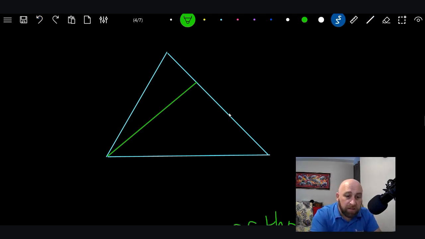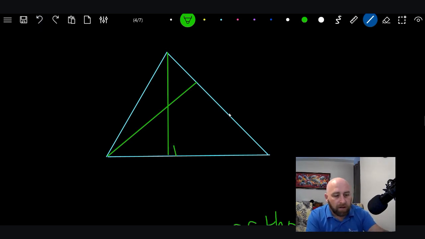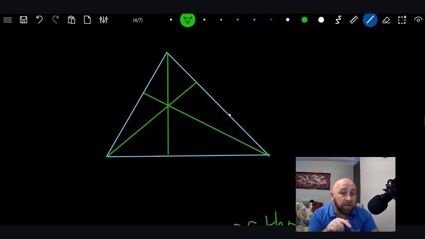Now, I would do this with every single side of the triangle. There's another one, there's my right angle right there. So I've made my right angle perpendicular, and I've drawn it to the top. That's an altitude. I've got one more side here, and notice when I connect this one, it makes another point.